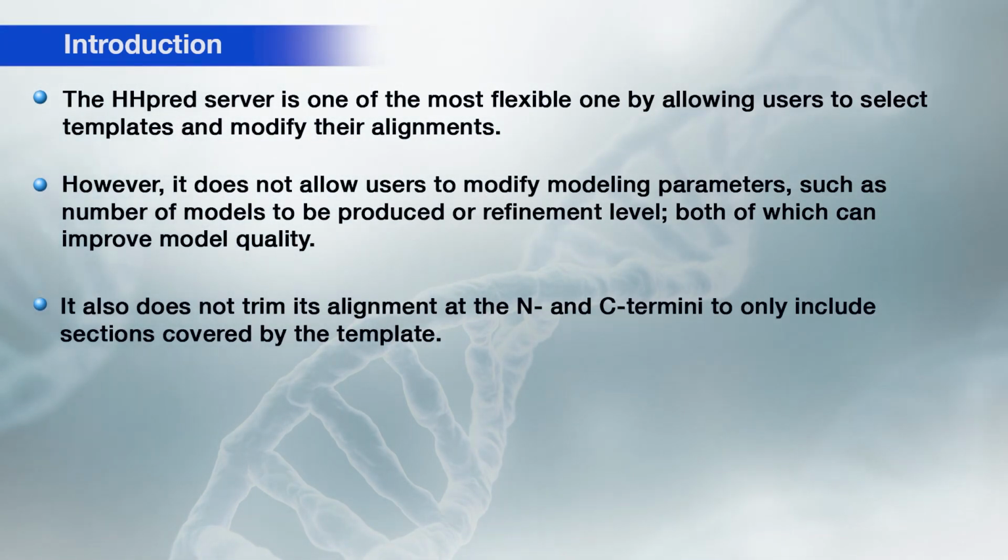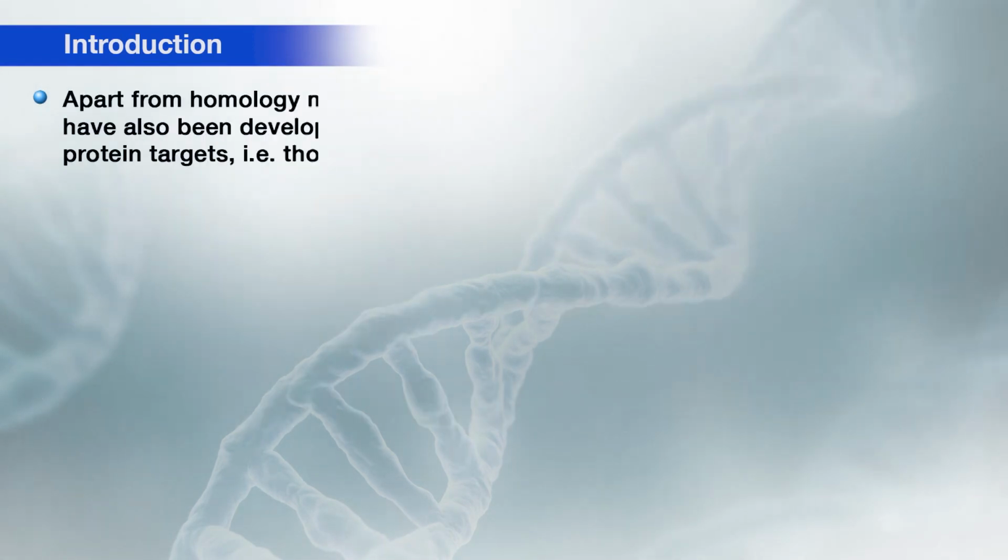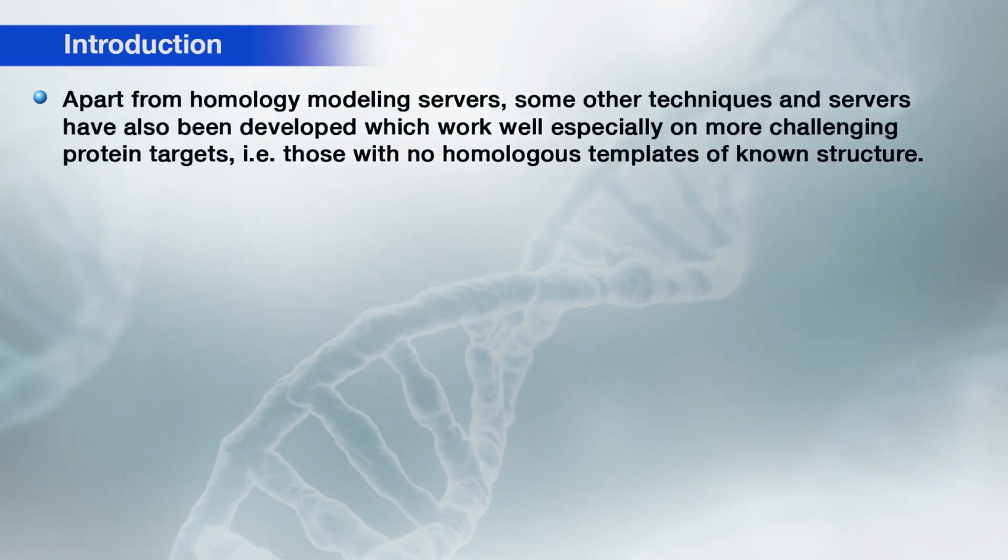It also does not trim its alignment at the N and C termini to only include sections covered by the template. This causes Modeler to attempt to model these regions without template information, producing indistinct loops in this region. So, this was about the concept.